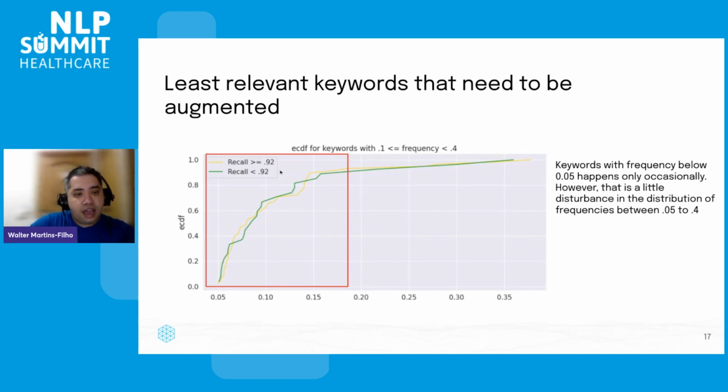And below that, in the region between 5% and 15%, these little variations have a little gap between both of these keywords.